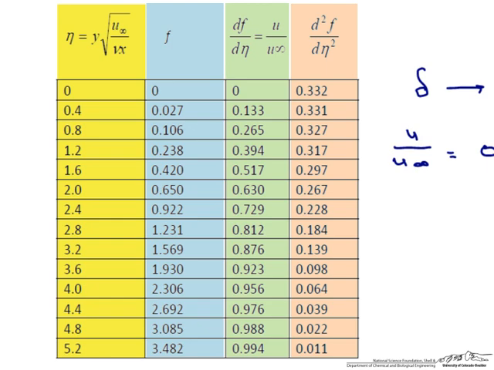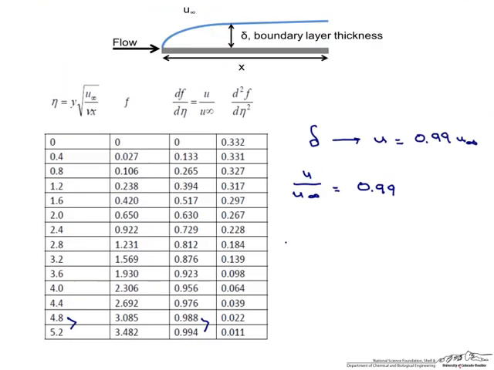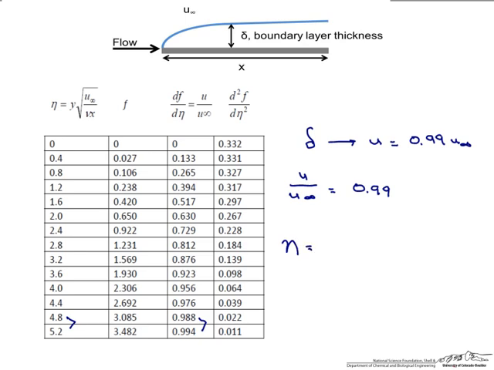And if you notice, between these two numbers is 0.99, which means that our eta is going to equal 5.0.